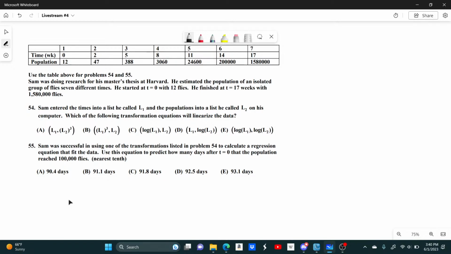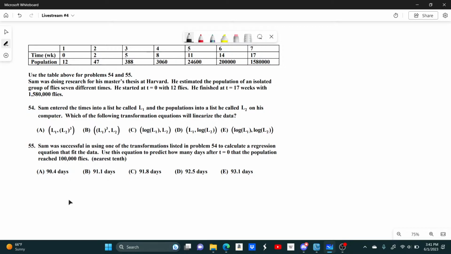Sam was doing research for his master's thesis at Harvard. He estimated the population of an isolated group of flies 7 different times. He started at time equals 0 with 12 flies. He finished at time equals 17 with 1.58 million flies. Sam entered the times into L1 and the populations into L2 on his computer. Which of the following transformation equations will linearize the data?